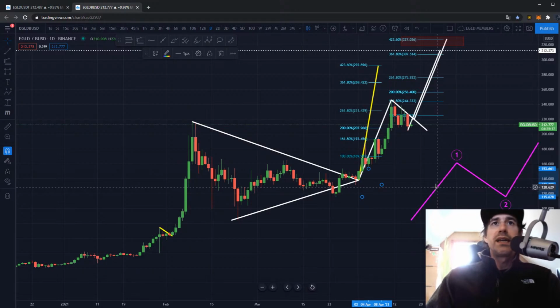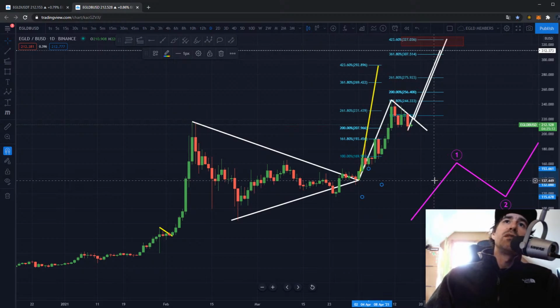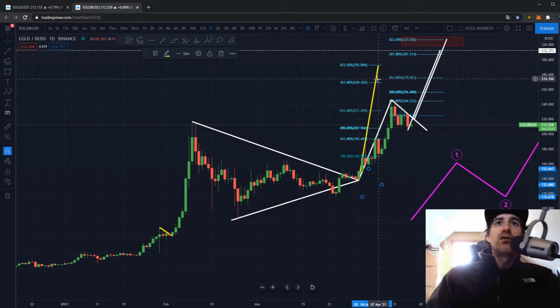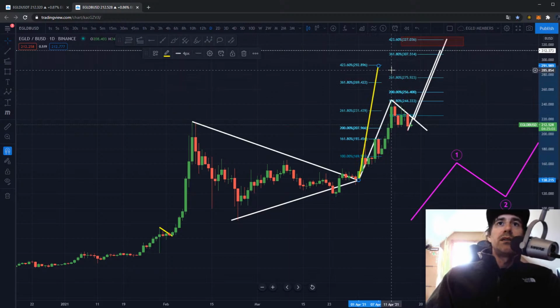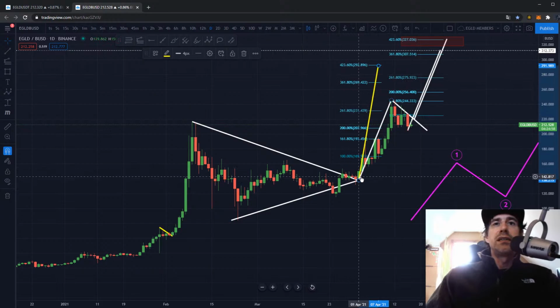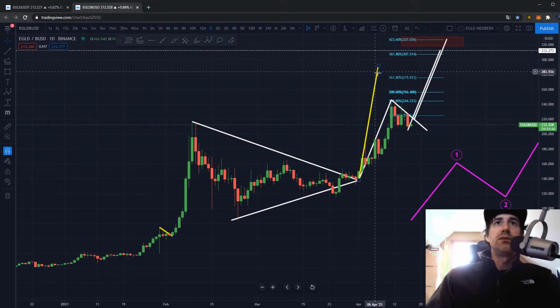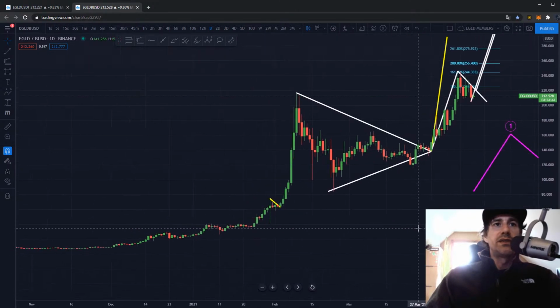Usually 161.8, 261.8, and 361.8. But 423.6 is a possible target also for those waves. But anyway, for sure, we have a fib up there. If this intermediate wave is already done right here, it's possible too. But if it's not, we know that there is some resistance at 269 to 292. Okay, those are resistance points.